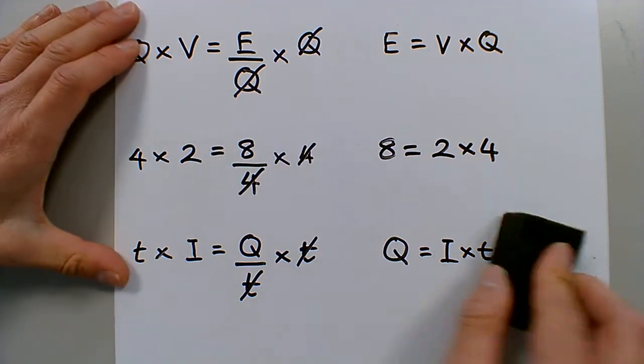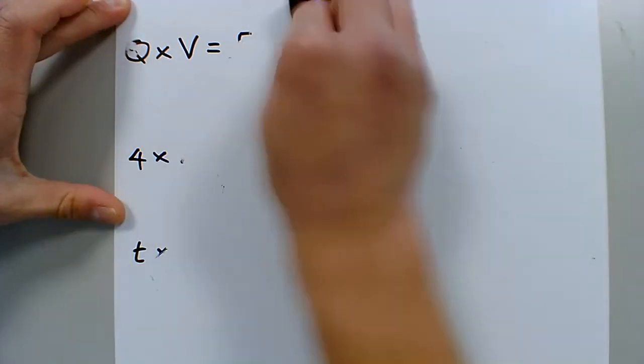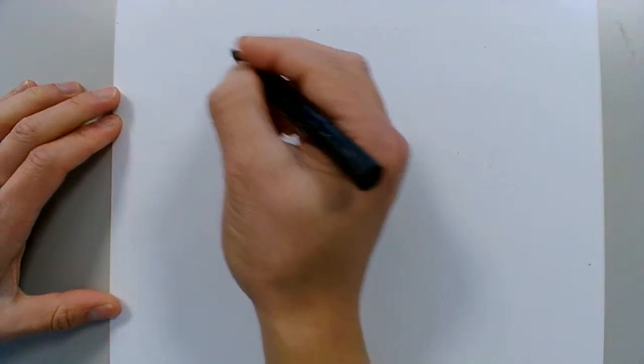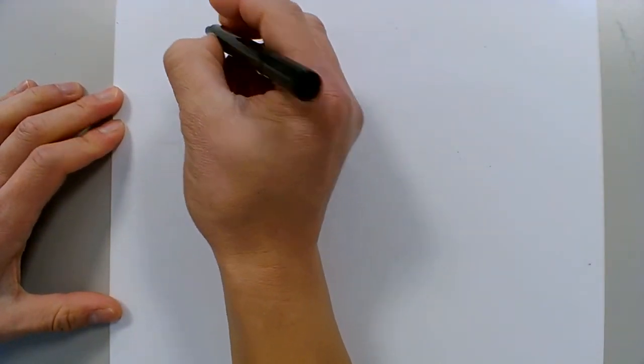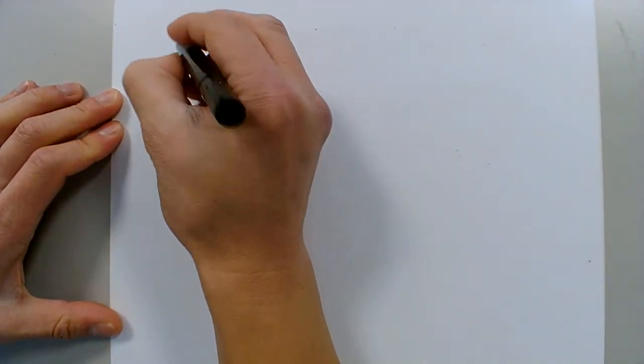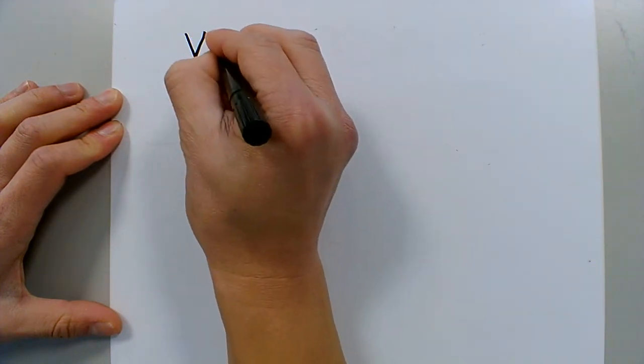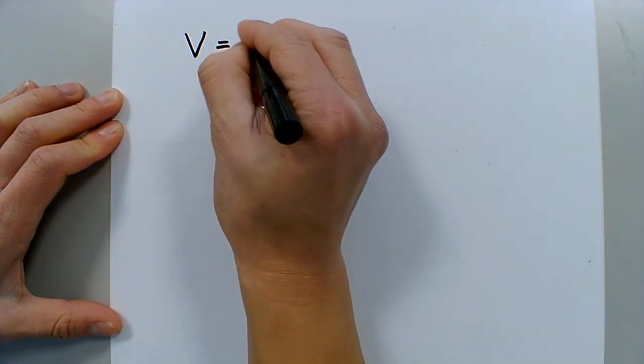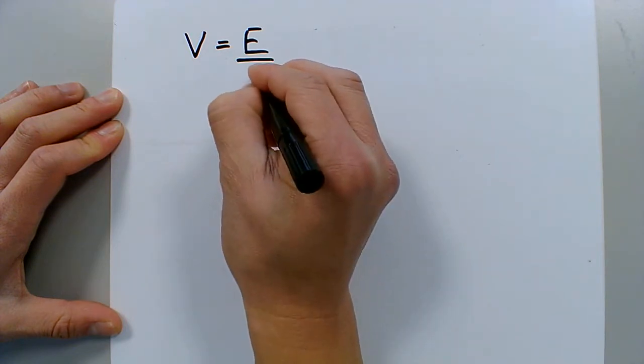Okay, so now we're going to move on to our third type of rearrangement of equations. In this third one, let's use the same equation again. So we're going to start with potential difference equals energy over charge.